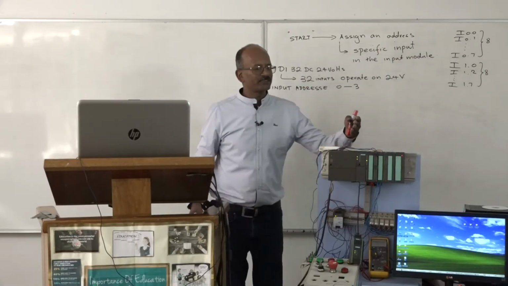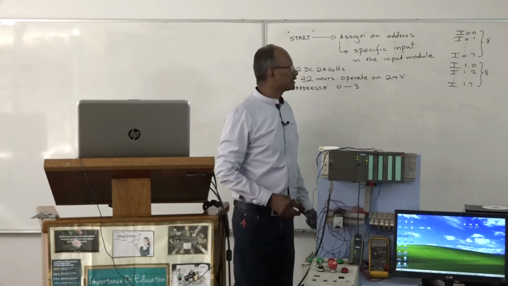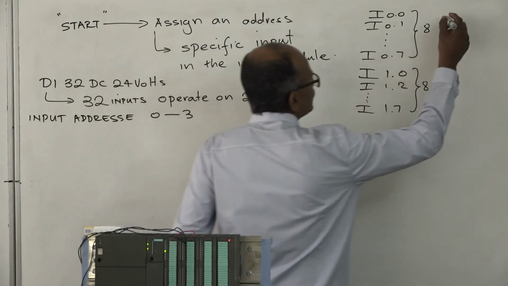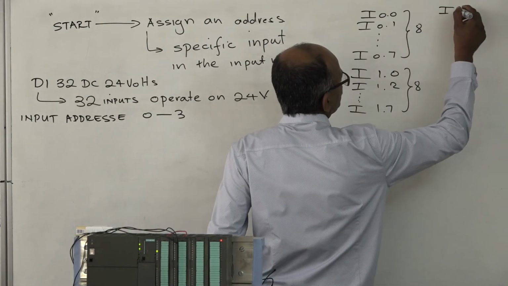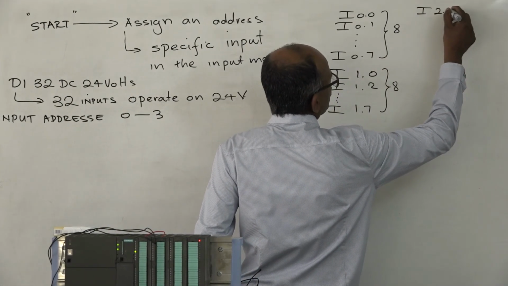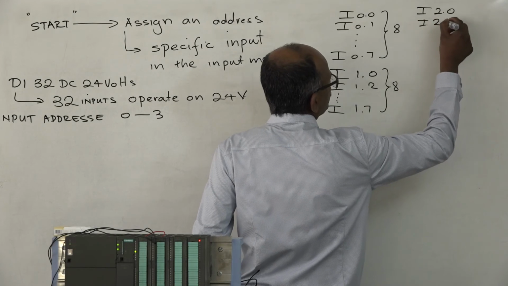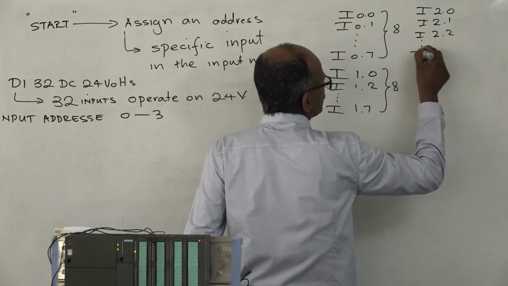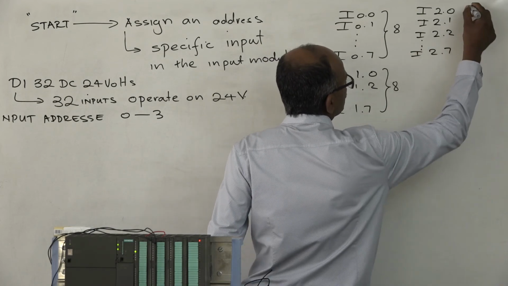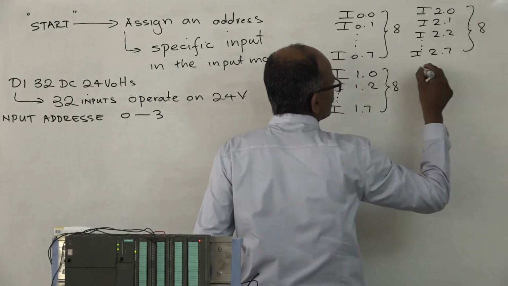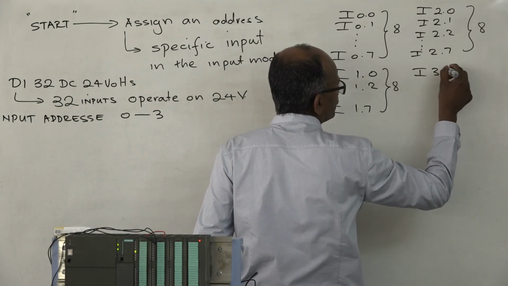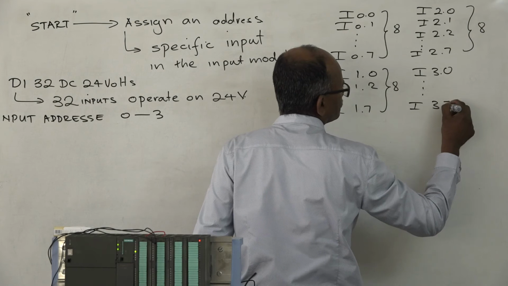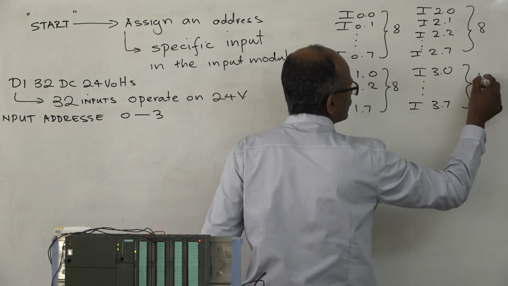So those are my 16 input addresses associated with that module, but it said it has 32. So similarly, the third set would be I 2.0, I 2.1, I 2.2, going down to I 2.7, and that's another 8. And finally, it will be I 3.0 to I 3.7, and that would give me another 8.